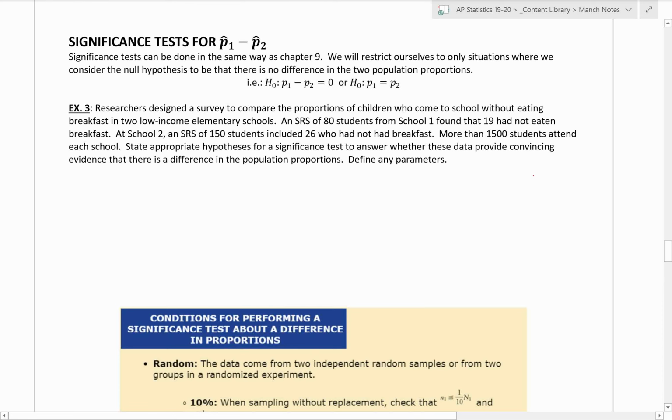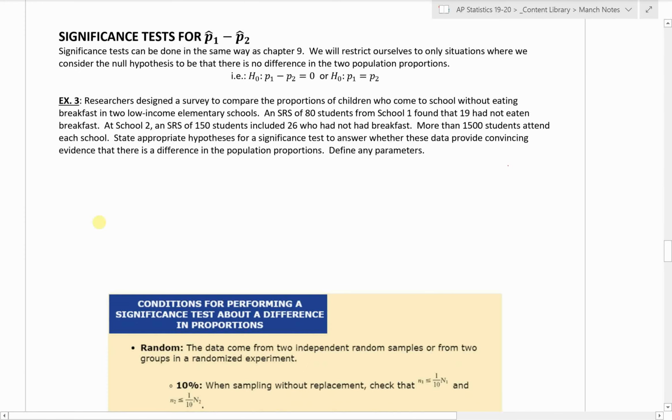We want to state our hypotheses in terms of: are the two proportions the same, would be our null hypothesis, that there's no difference between the two proportions, or alternatively, that there is some difference between the two proportions. So let's talk about what conditions need to be met, and how we would prepare for and actually execute a significance test for the difference in two proportions. That's what we're trying to test.